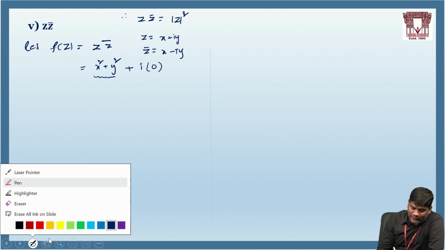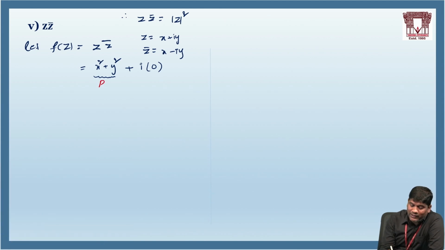Here the real part is this, the imaginary part is 0. So we can write u is x square plus y square, imaginary part v is 0.